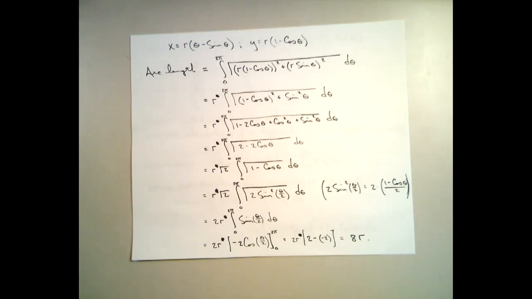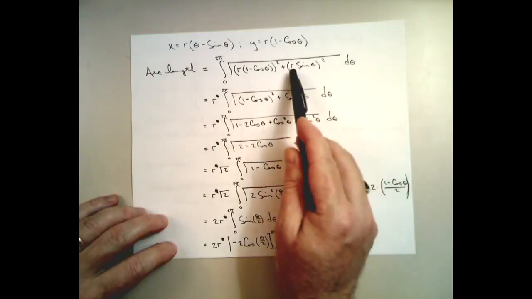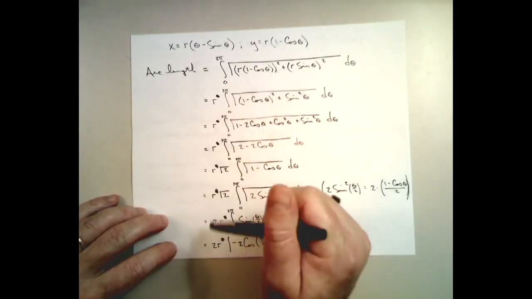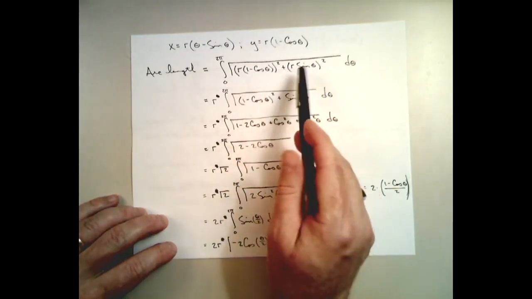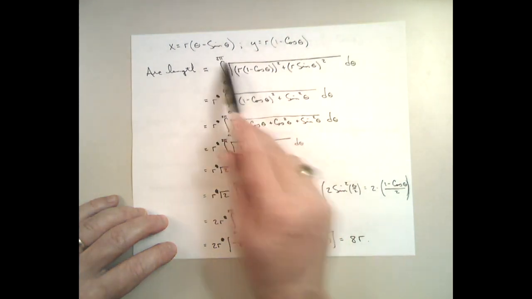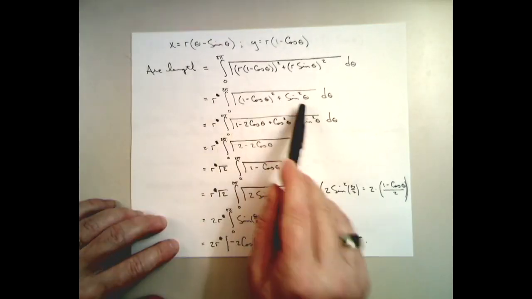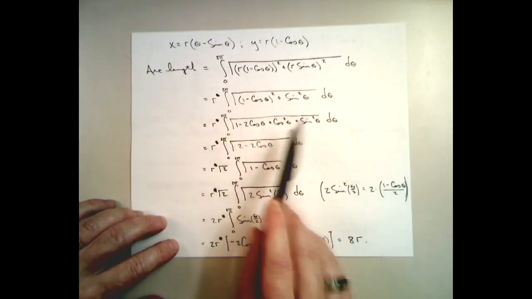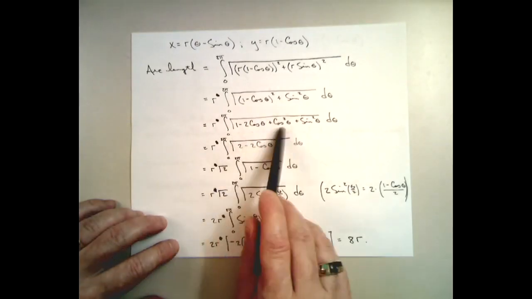Okay, so I'm betting that you probably were able to recognize that with this r being a constant, and it being squared in both cases, I can factor that r squared out, but then I can factor it outside the radical sign as just an r. And then we have the rest of the expression. I went ahead and expanded 1 minus cosine theta squared.